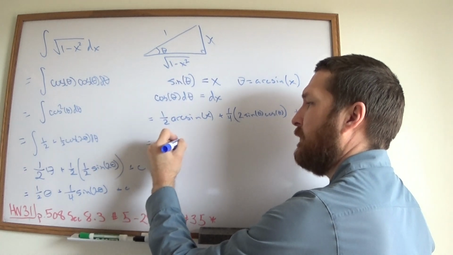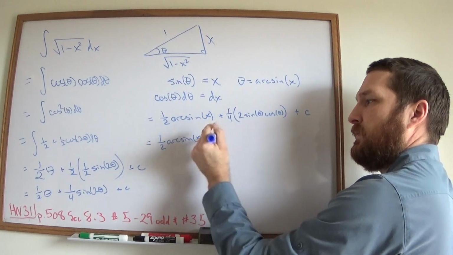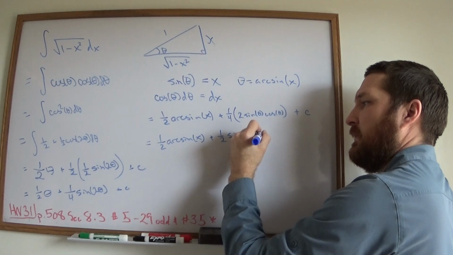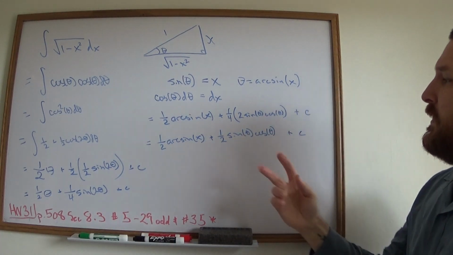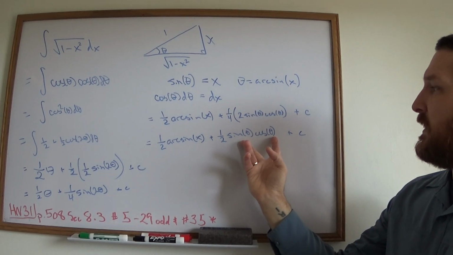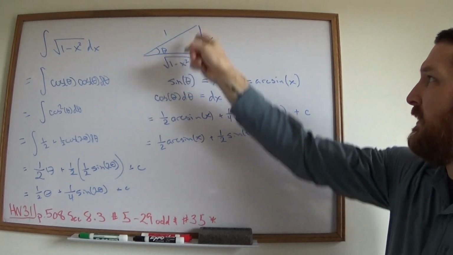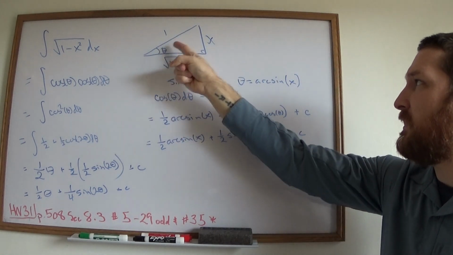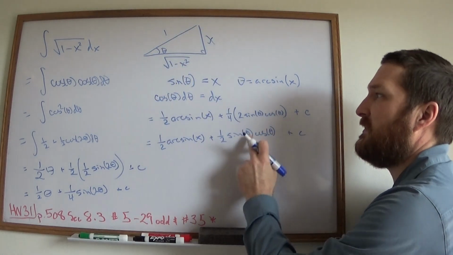We need to get everything back in terms of x. We're halfway there. Now the 2 and the 4, I guess we have 1/2 sine theta cosine theta. And this is why I like my method here. We have sine theta and cosine theta, and we also have the triangle, which relates theta and the x's. Sine theta is just opposite over hypotenuse, so sine theta is just x.